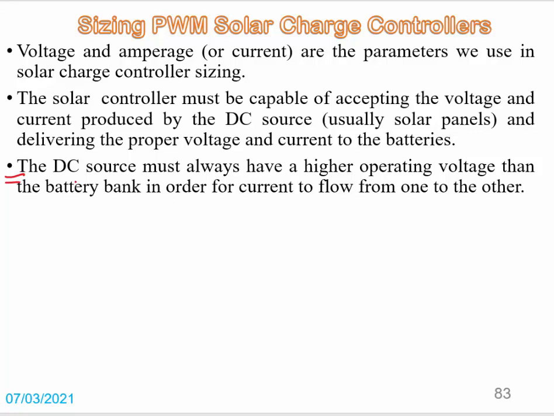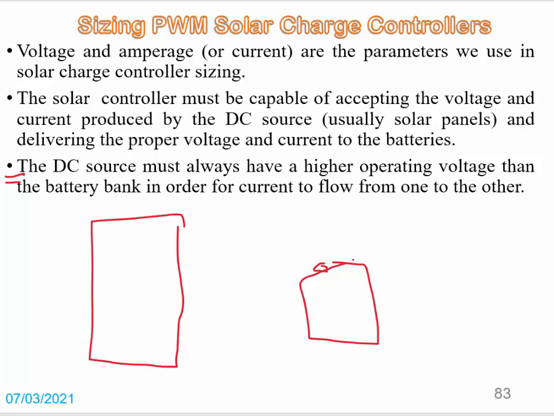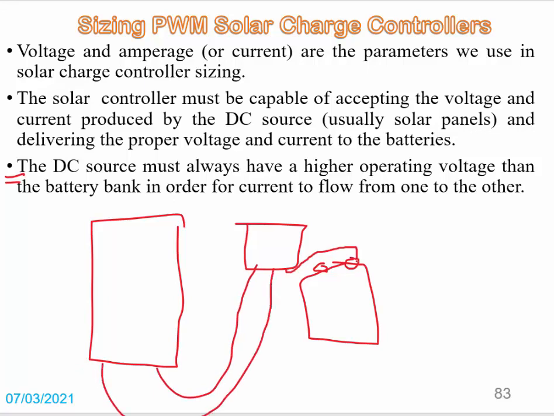The DC source or the solar panel must always have a higher operating voltage than the battery bank in order for current to flow from one to another. So if we have the battery, the solar panels and the charger here, we connect the wires to the battery, and the voltage of the solar panel must be higher than the voltage of the battery.